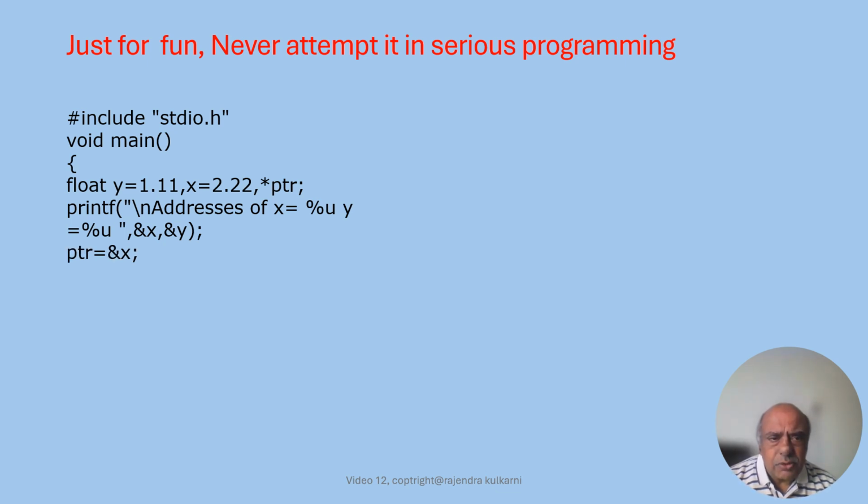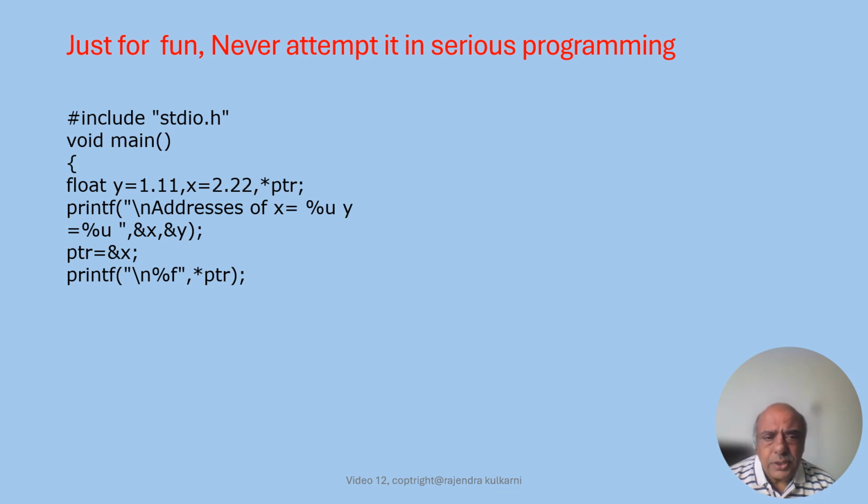We are taking out the addresses of x and y by using this printf statement. Then the PTR, the pointer, is assigned the address of x. PTR is equal to ampersand x.